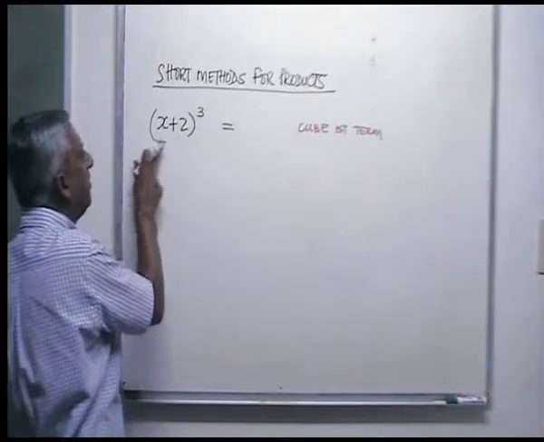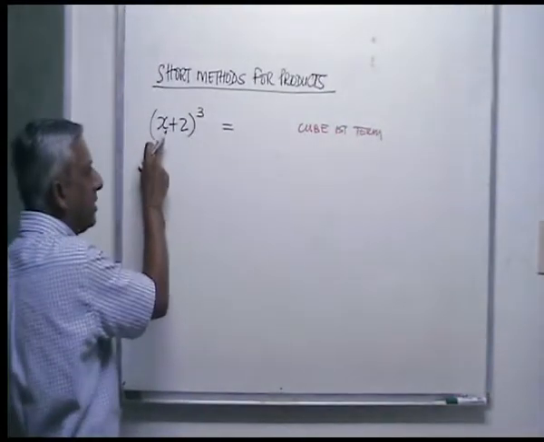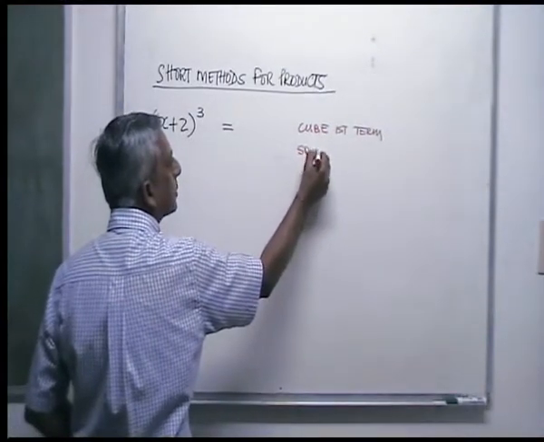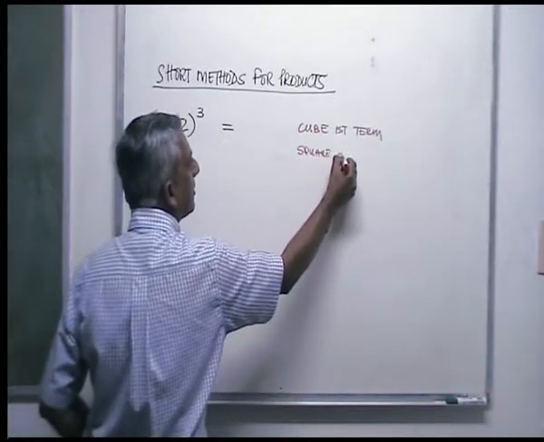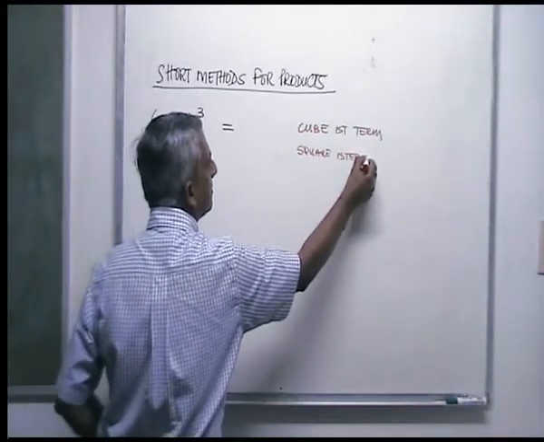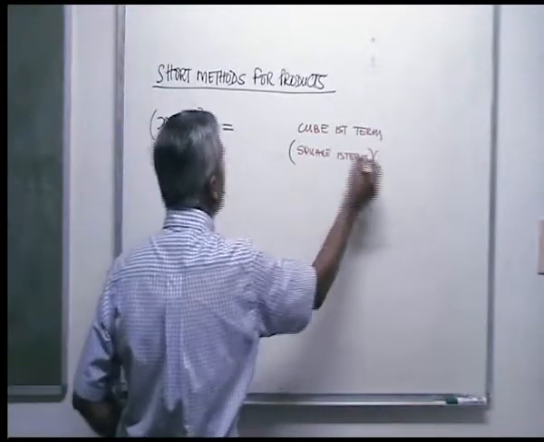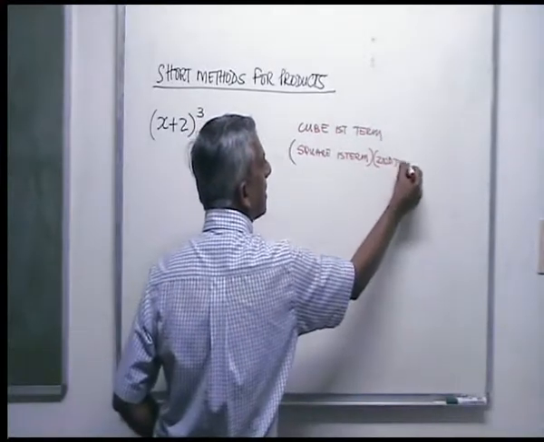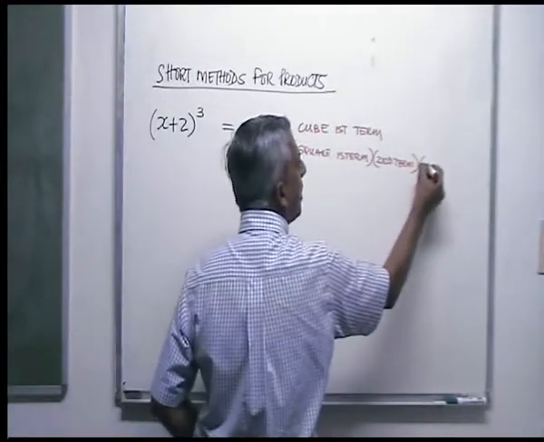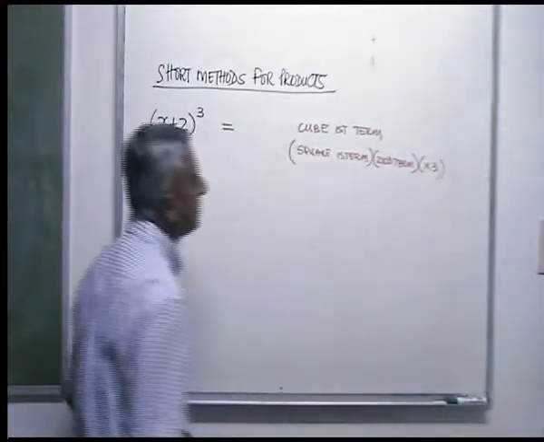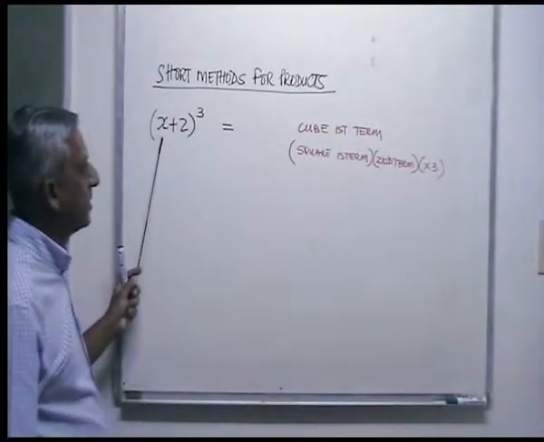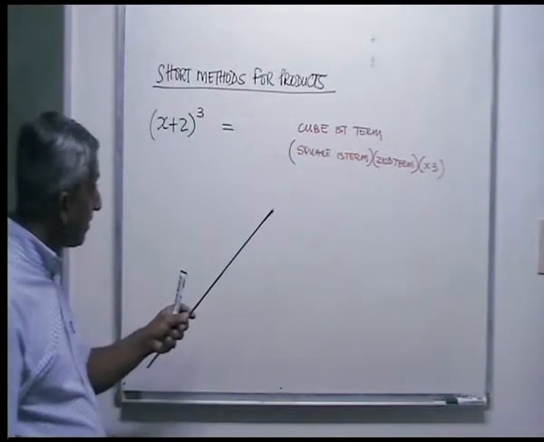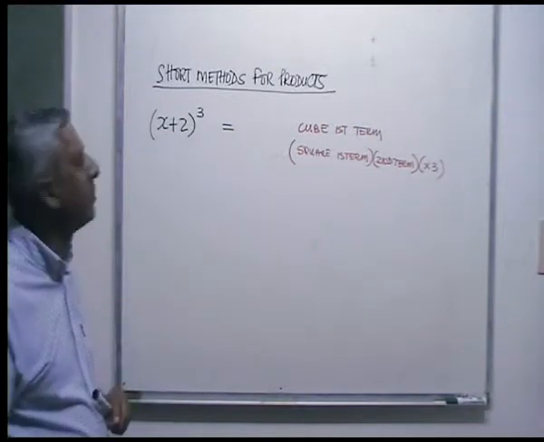Then you square the first term, multiply by the second term, and then multiply by 3. See? Square the first term, multiply it by the second term, and then multiply it by 3. You see why? Because you're cubing, so you've got to treble.